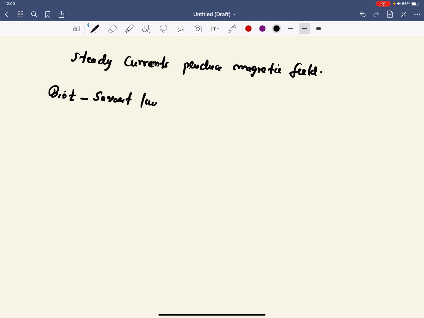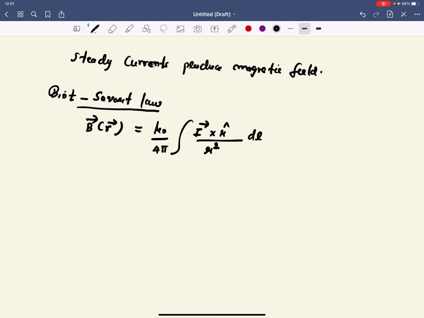For line currents, we have already written the usual form: B of R is mu 0 by 4 pi integral of I dl prime cross the separation vector R hat, divided by the square of the separation, where mu 0 is 4 pi times 10 to the minus 7 Newton per ampere squared, so that you get the right unit for magnetic field. Tesla is the unit of magnetic field.